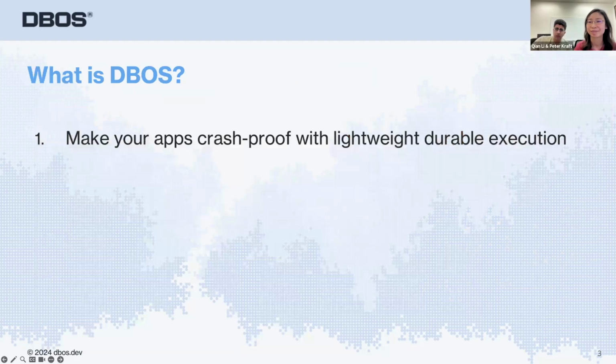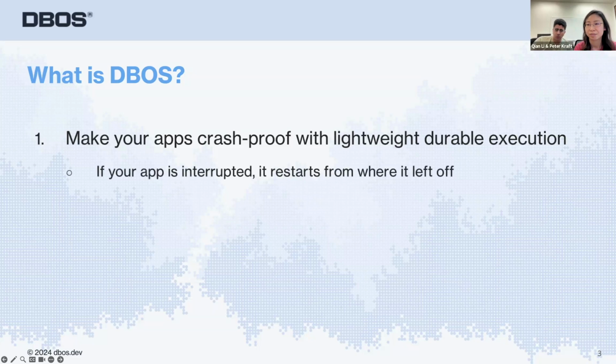DBOS is a compute platform for building highly reliable applications. The first thing it does is it helps make your applications almost crash-proof through lightweight, durable execution. And this part is 100% open source. It's in DBOS Python. You can pip install it and add it to your application right now to make it reliable.